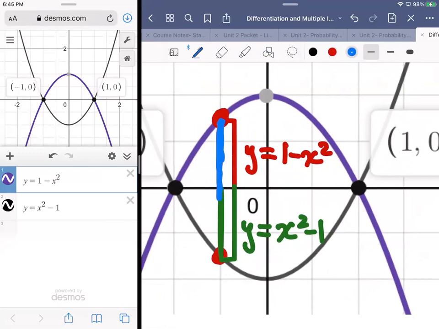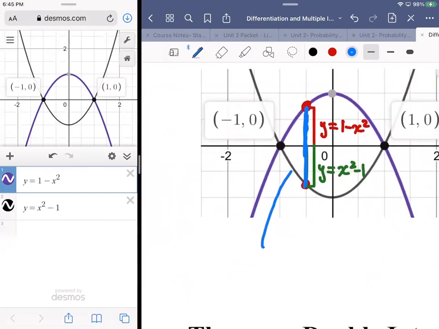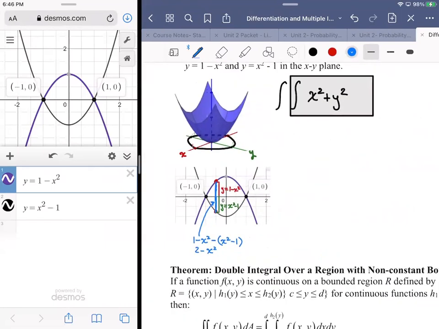This distance is going to be 1 minus x squared minus x squared minus 1. Now, you can clean it up if you want. It's going to be just 2 minus x squared.